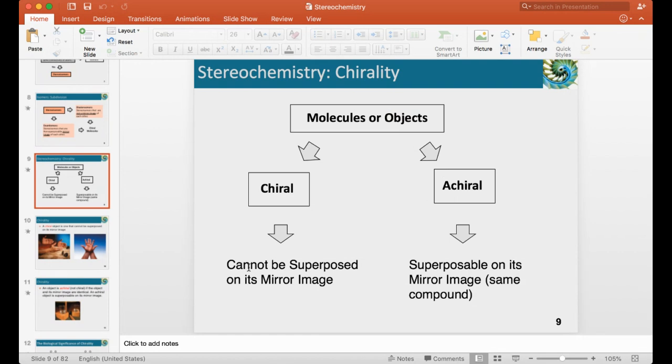That's a chiral object. And those that can be superposed on their mirror image, of course, if you can superpose, it's the same molecule. So we are not talking about two different molecules. It's the same thing. The reflection is the same as the original molecule. Those are achiral molecules.